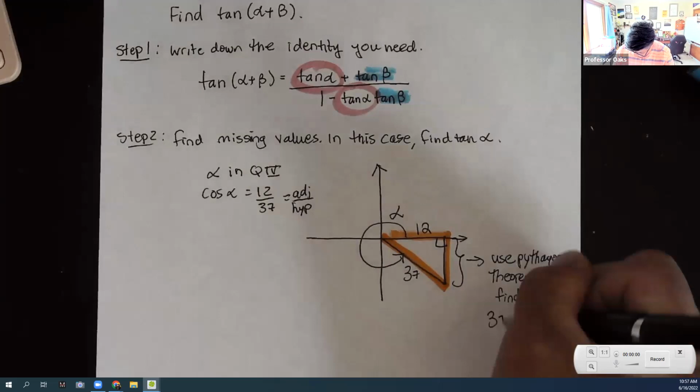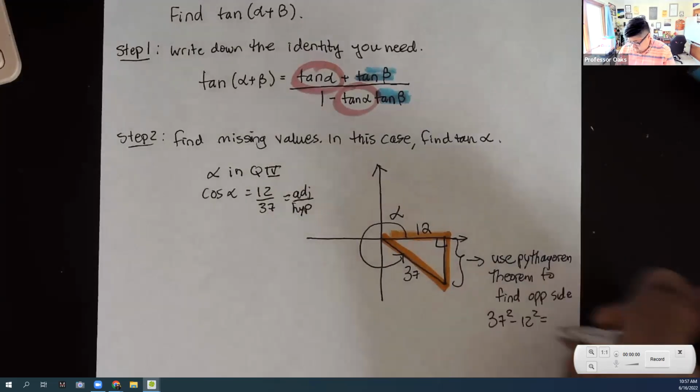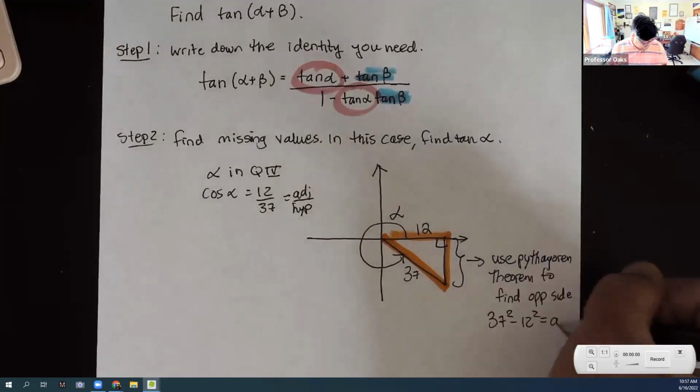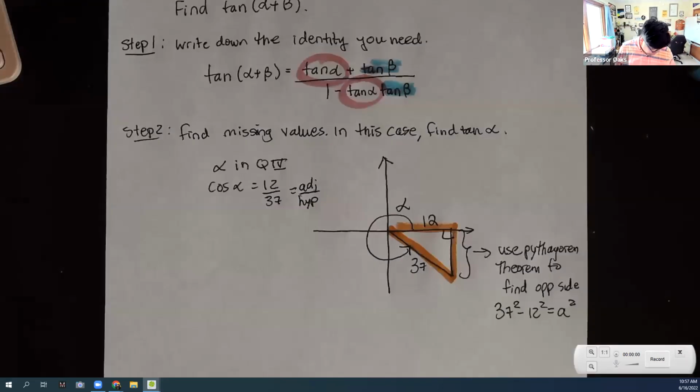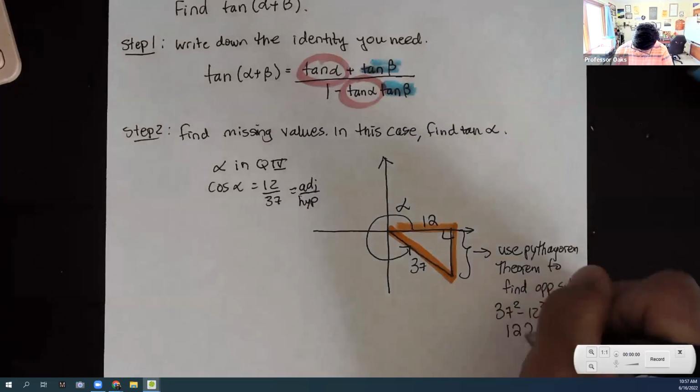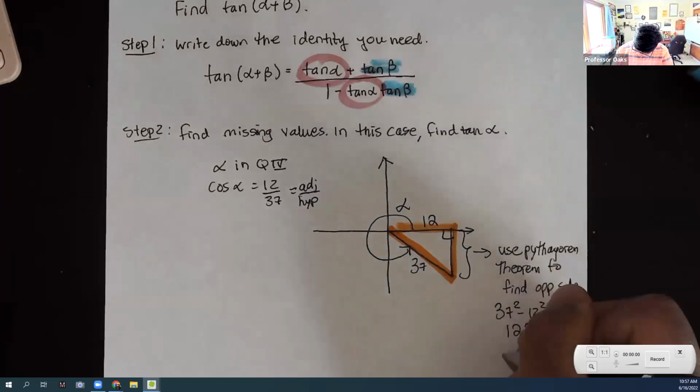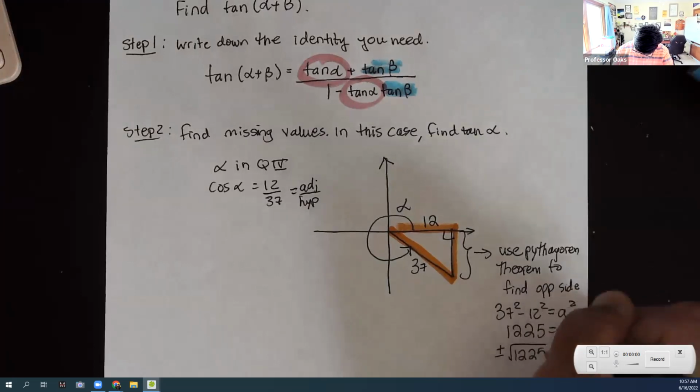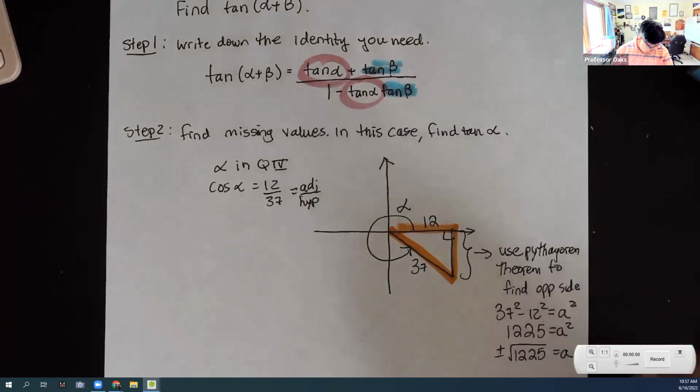So 37 squared minus 12 squared is a squared, or whatever variable you want it to be. If you do that, that's actually 1225. Then you take the square root. So plus or minus the square root of 1225 is a. You can find that that's actually 35, so plus or minus 35.